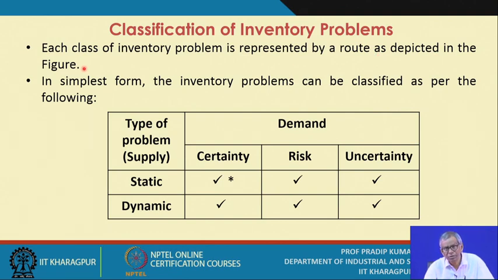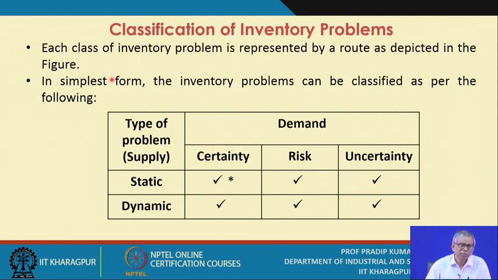We have already seen the figures, in fact, where all sorts of roots are depicted, and on the root you come across several types of factors under the different levels or different types. So however many such roots you have come across, that many inventory control problems you have to deal with.